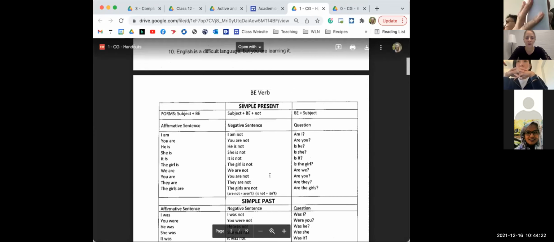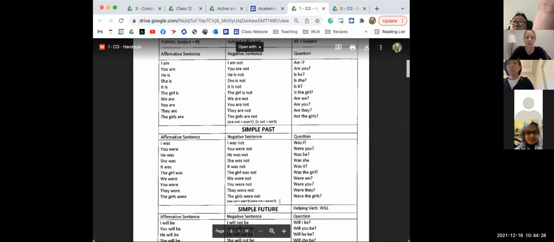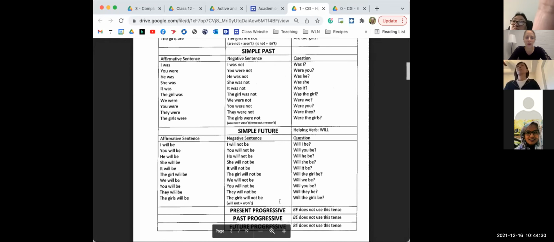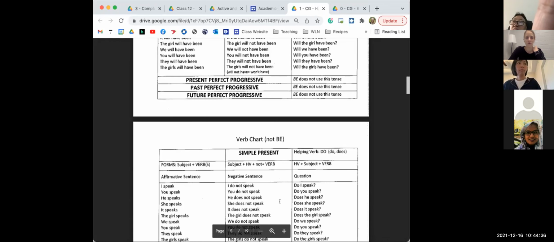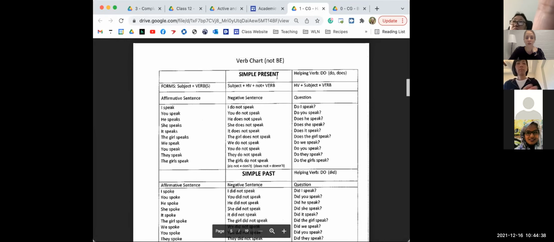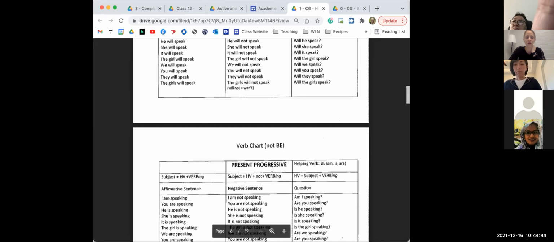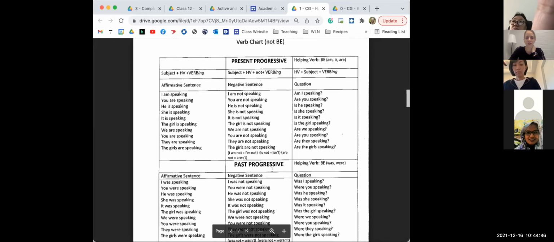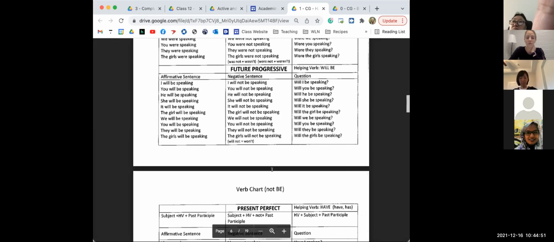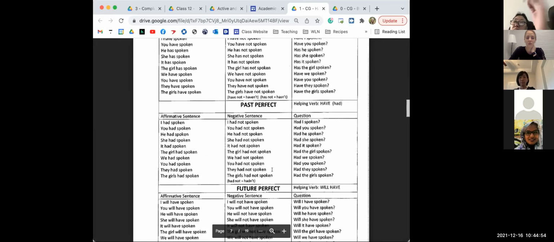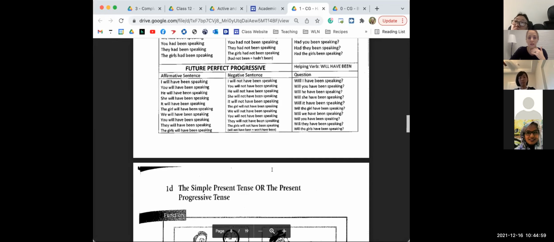Here it is. For the be verb, we have the simple present, simple past, simple future example sentences. And we do the same for verbs that are not be in the simple present, simple past, simple future, present progressive, past progressive, future progressive, which we didn't talk about, present perfect, past perfect, future perfect. These are all of the verb tenses and example sentences in English.